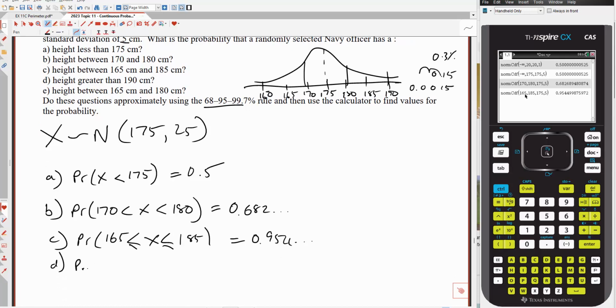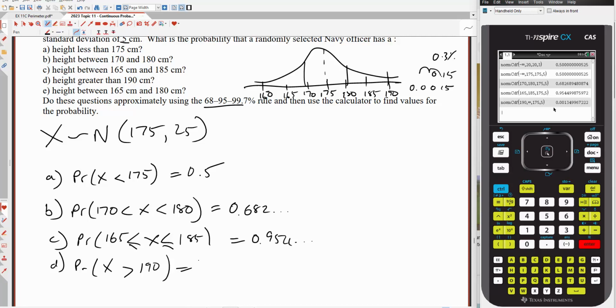So probability that the random variable is greater than 190, so it's going to be a very small probability. This is the chance of someone falling 3 standard deviations above the mean. So 190 is the lower bound, and the upper bound is going to be positive infinity.